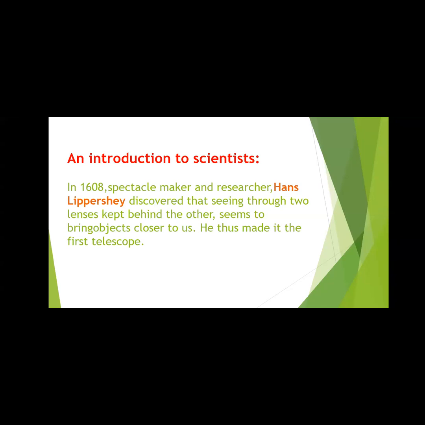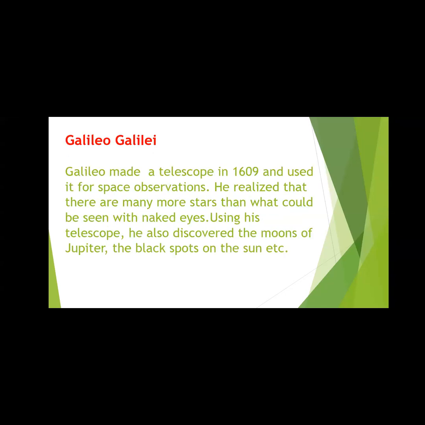But Galileo Galilei was the first person to use a telescope to observe space. Galileo made a telescope in 1609, after one year, and used it for space observation.